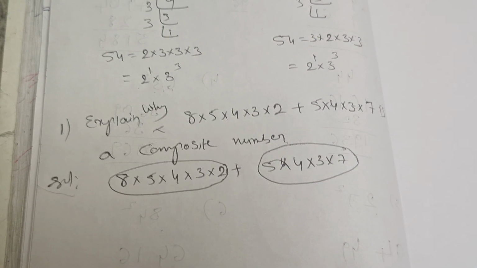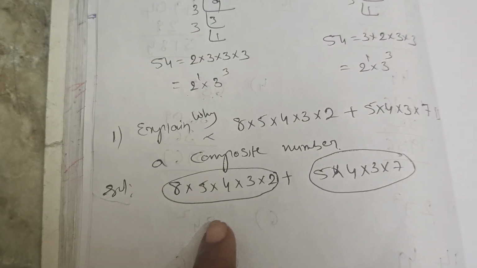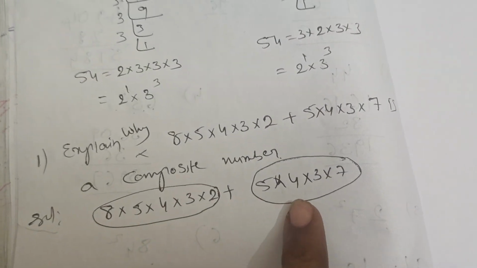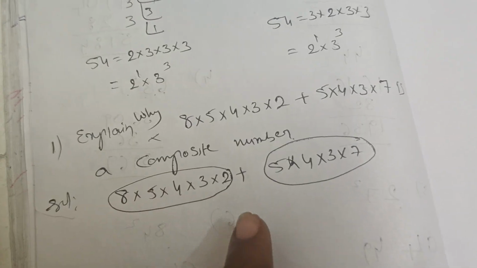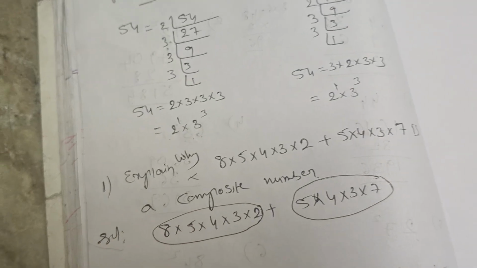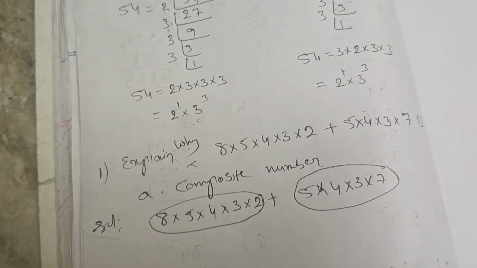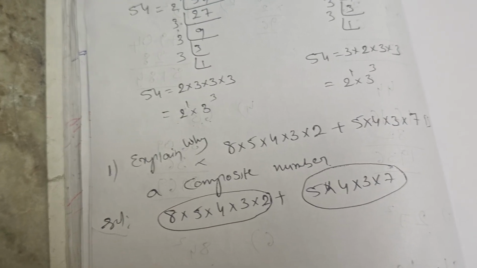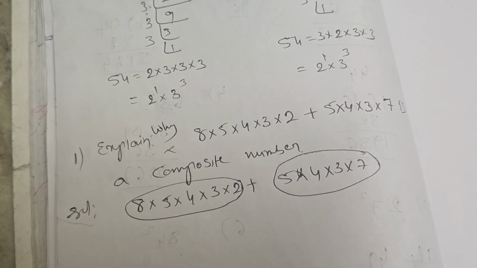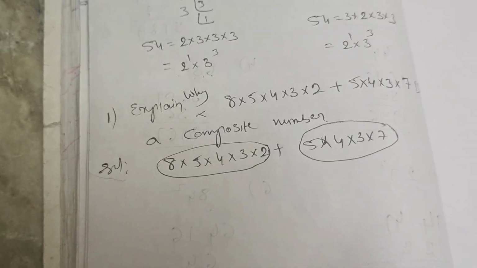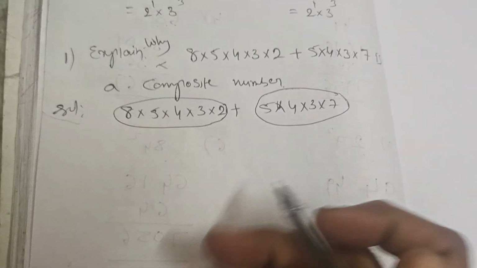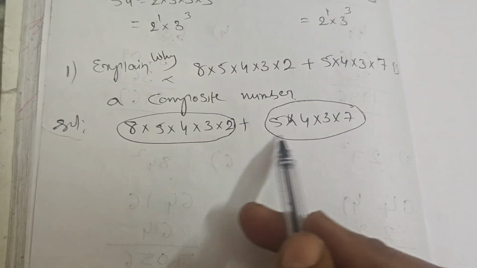The first method is, first we have to multiply all the numbers. Here you have to multiply all the numbers, and then add both. Then you do the prime factorization. If the number is expressed as a product of 2 or more primes, then it is a composite number. Here, but I am explaining another method. Here, two parts are there.